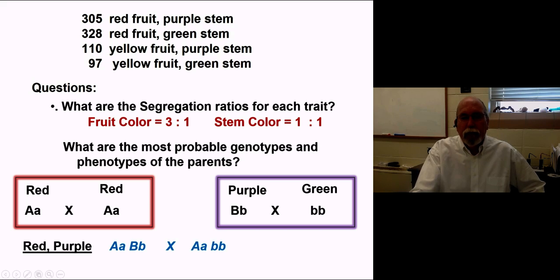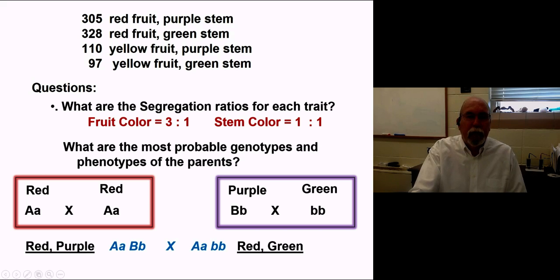Okay, so one of them's red-purple, and the other one must be red-green. Okay, we don't know which one. We don't know if this was the male or the female, but in this case, without information. But others, they'll tell you dad was this and blah, blah, blah. You can figure that out. Okay, here we don't care. We just know that we've got one parent that's a dihybrid het, and it's being crossed with another parent over here that is heterozygous at one locus, homozygous recessive at the other locus.